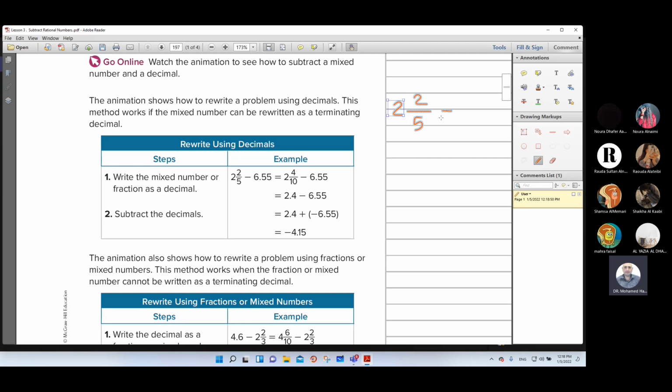This is a mixed number. How to change a mixed number to a fraction? 2 times 5, 10. 10 plus 2 will be 12 over 5. Then change 12 over 5 to a decimal.